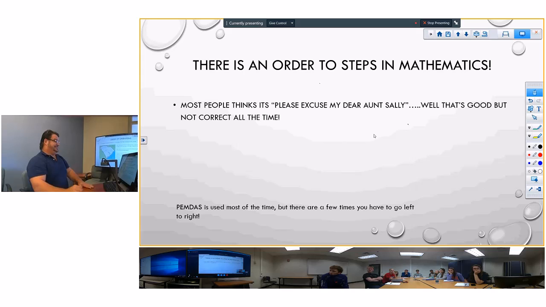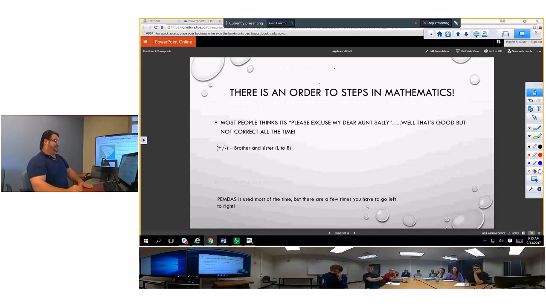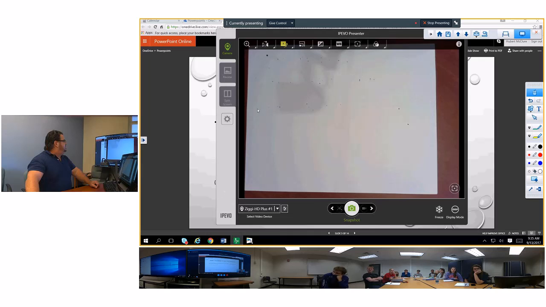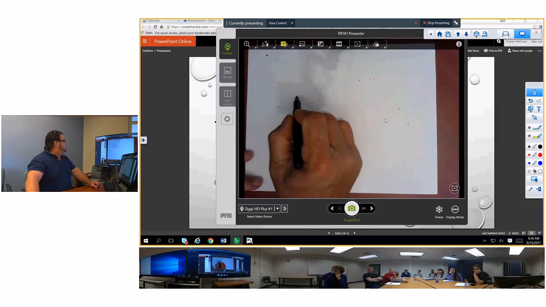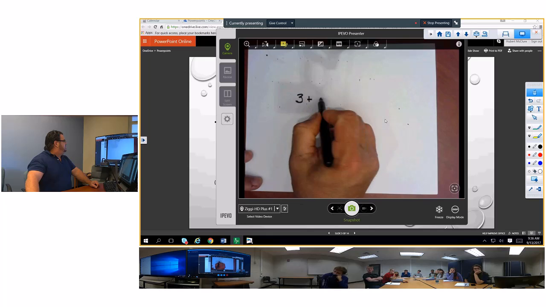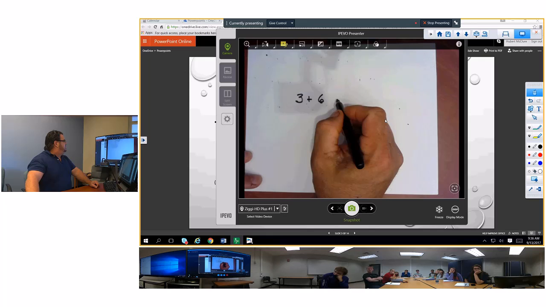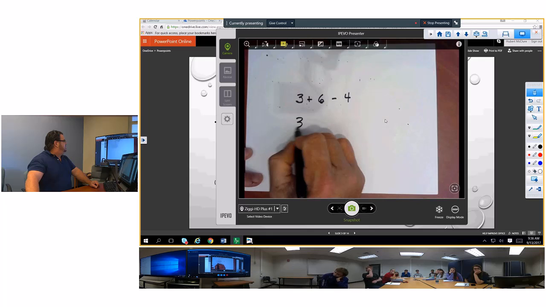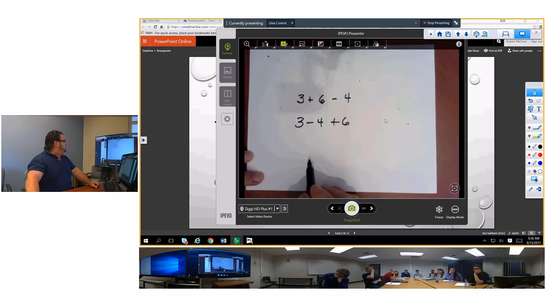Now, I'm going to show you something. Some of y'all have seen these on the internet or Facebook, where people get the wrong answer, and it's really the right answer. They give you something like 3 plus 6 minus 4, or 3 minus 4 plus 6, or 3 divided by 2 times 6.